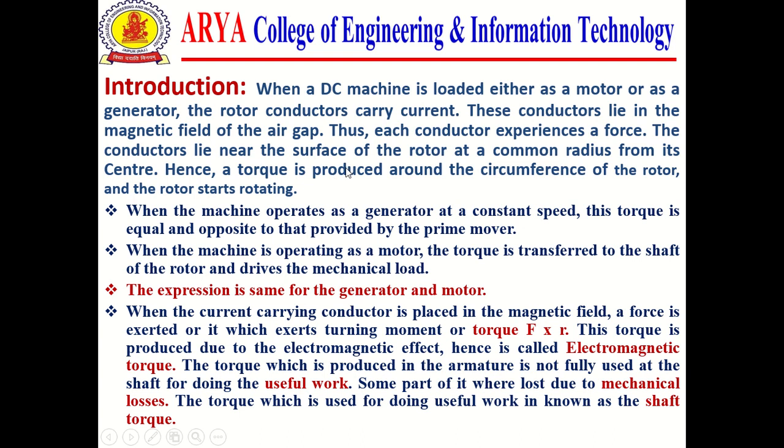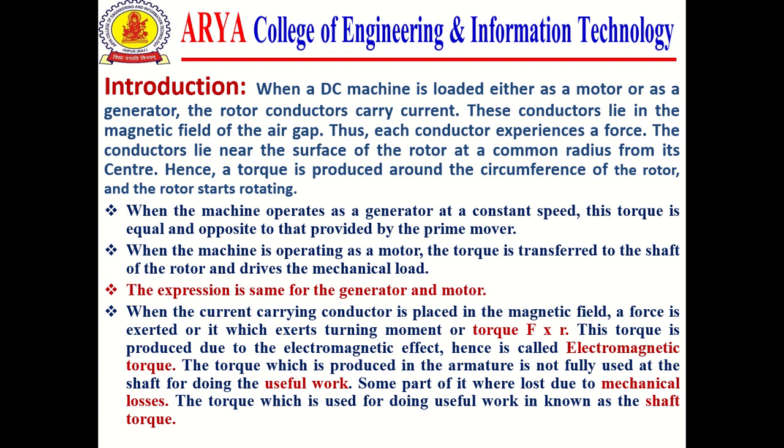When a DC machine is loaded either as a motor or as a generator, the rotor conductors carry currents. These conductors lie in the magnetic field of the air gap between the armature and the field, so each conductor experiences a force.